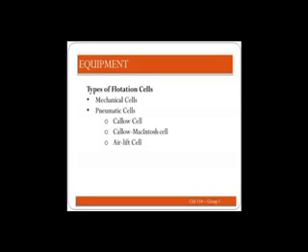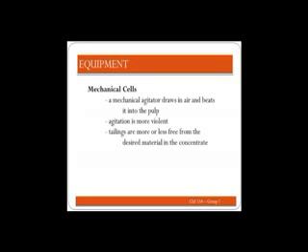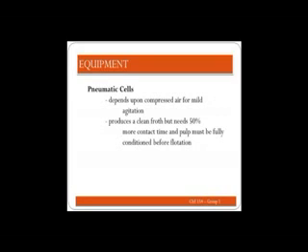In mechanical cells, a mechanical agitator draws in air and beats it into the pulp. Agitation is more violent. Then the tailings are more or less free from the desired material in the concentration. Pneumatic cells, on the other hand, depend upon compressed air for mild agitation. It produces a clean froth but needs 50% more contact time, and the pulp must be fully conditioned before flotation.